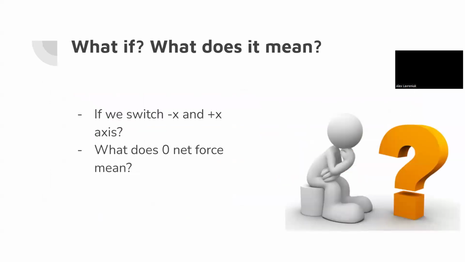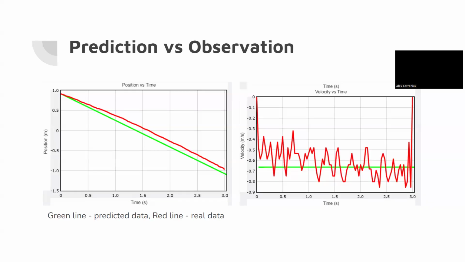So let's discuss some of the interesting questions. For example, what would happen if we switch the minus x and plus x axis? Let's return back to the position graph and discuss it first. The only thing that would happen is that movement would start in the minus x position, with the same value, just negative, and it would move to the same values but positive.